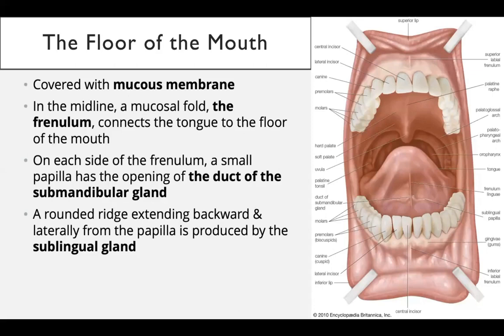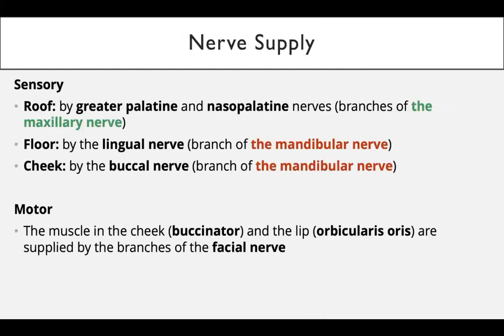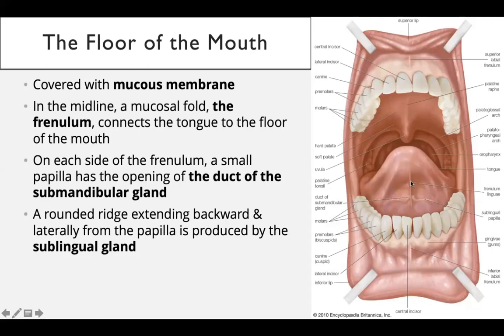In the midline, we saw a frenulum, also known as frenulum linguae. Then below that, towards the inferior side, on both sides, there is the duct of the submandibular gland, and lateral to that, a round ridge extends laterally and downward, or backwards, or posteriorly, which is the sublingual gland.